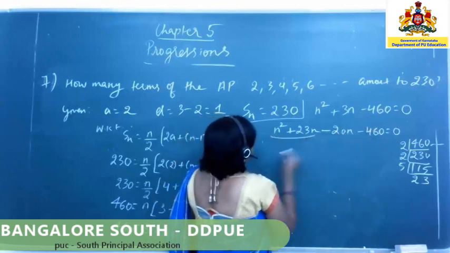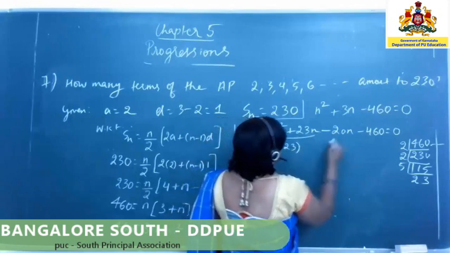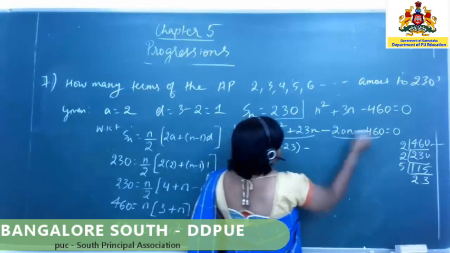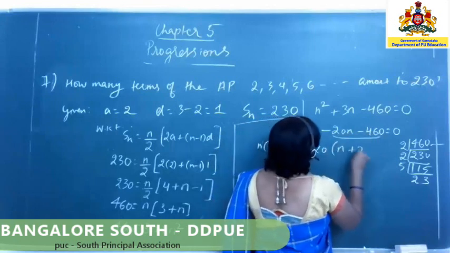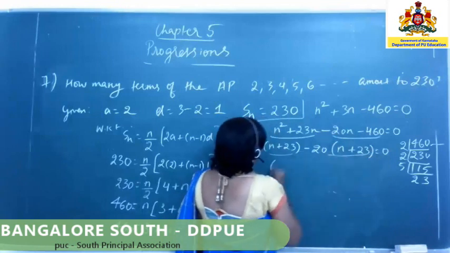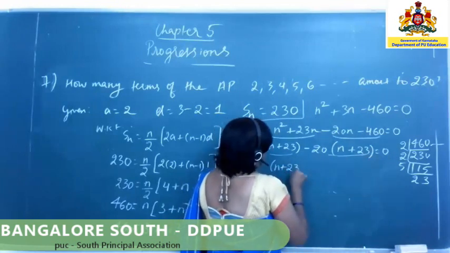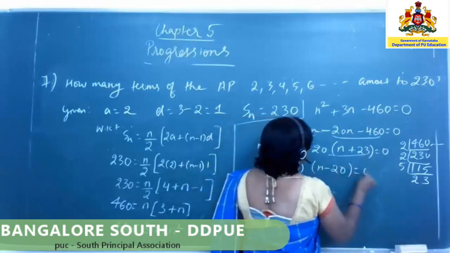So in these two, n is the common factor, n into n plus 23. Minus, in these two, 20 is the common factor, 20 into n plus 23 is equal to 0. So again, n plus 23 is taken out, n plus 23 into n minus 20 is equal to 0.